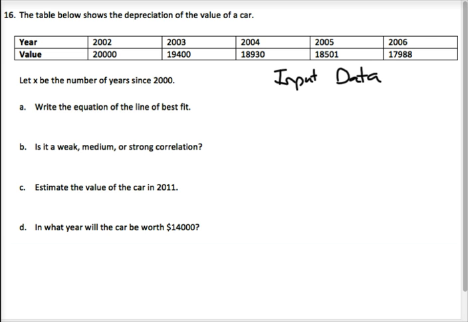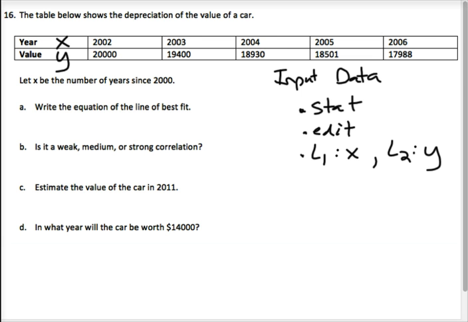Now to input the data, remember, you go into stat, you go into edit, and then list 1 is going to be your X values. List 2 is where you put all of the Y values. Or in that case, the year is going to be the X, the value is going to be the Y. So remember those steps and how to get in there and make your data lists.